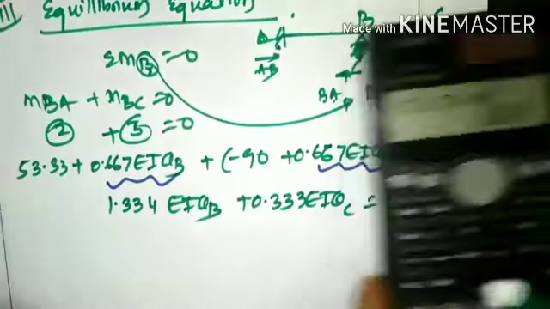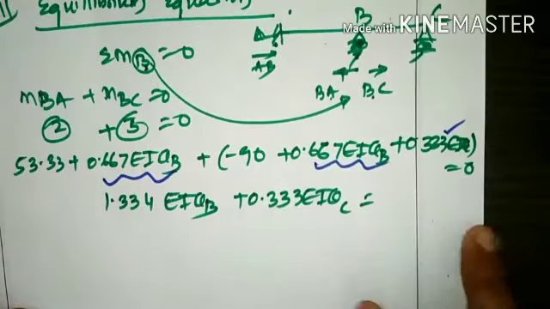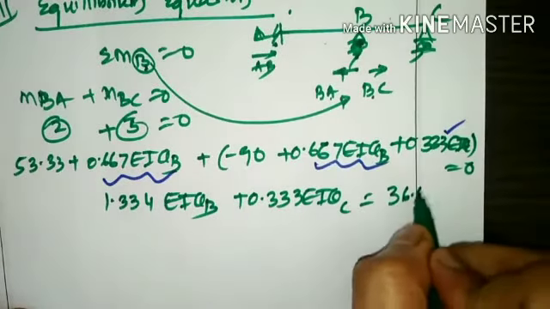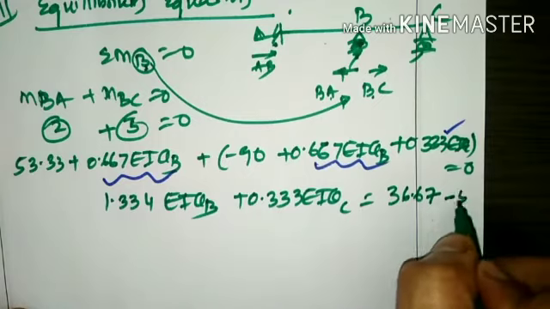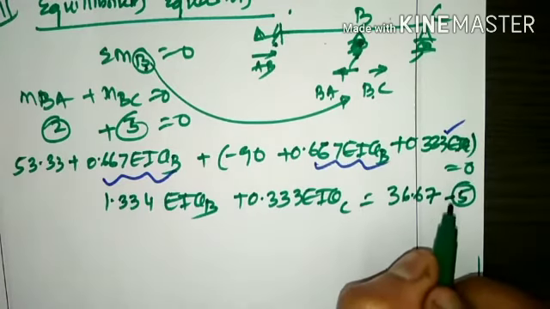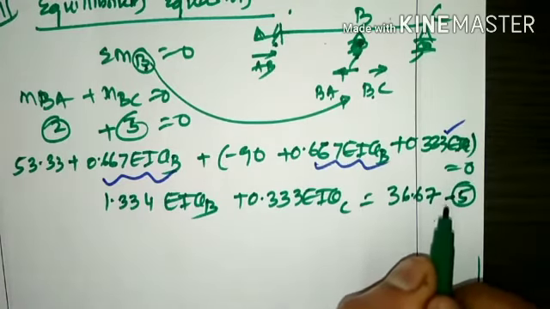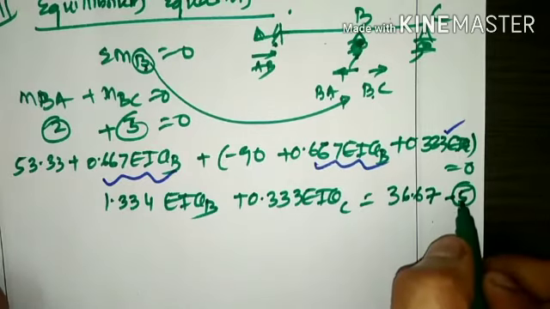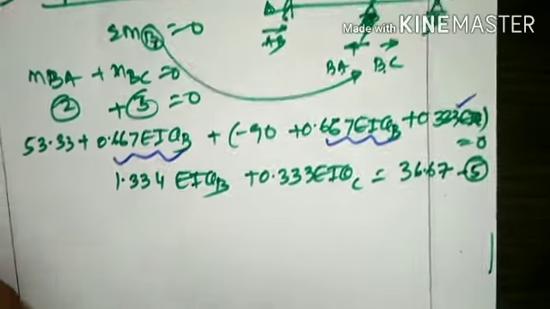If we shift it towards the right hand side, it will be plus 36.67. You name this equation number 5. This is the first equilibrium equation.